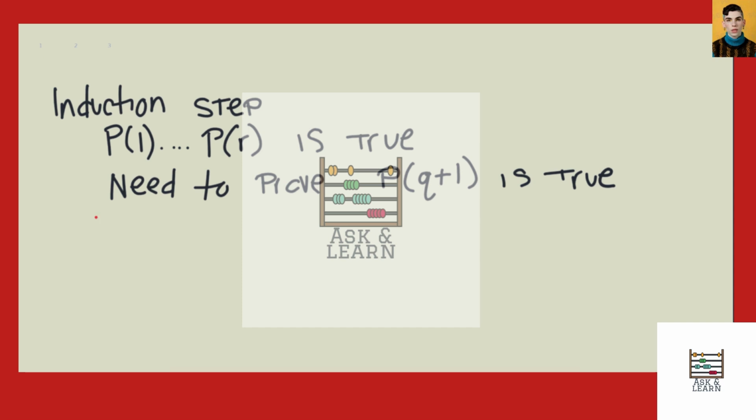Okay, so this is actually going to be broken down into cases. So case 1 is that q is odd.